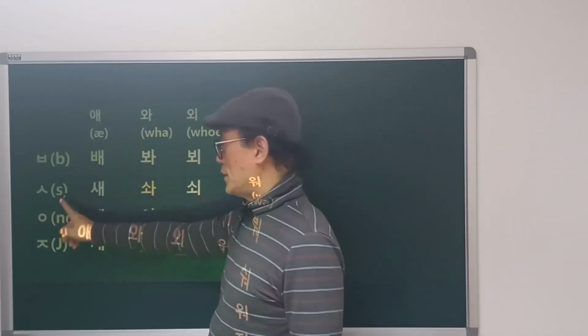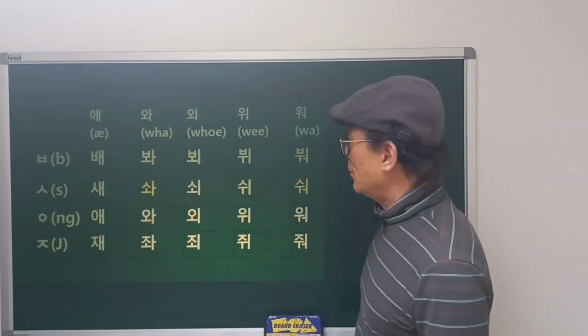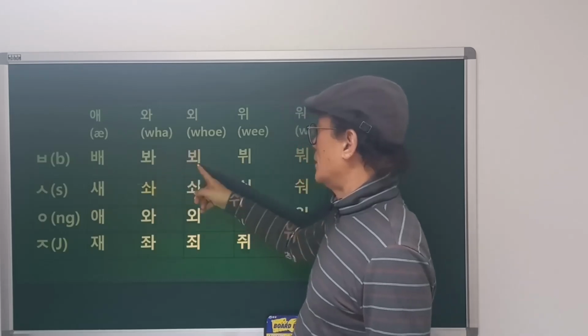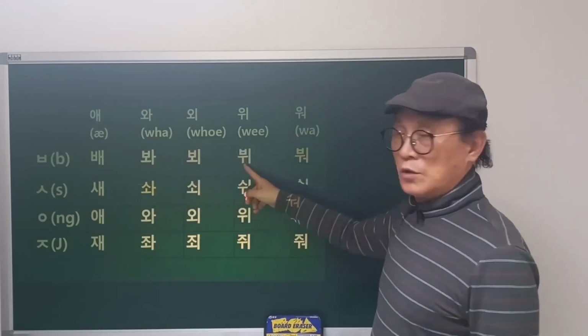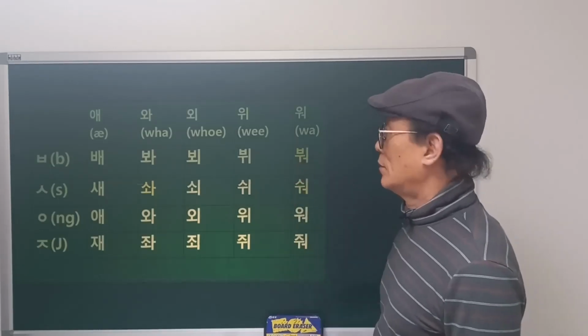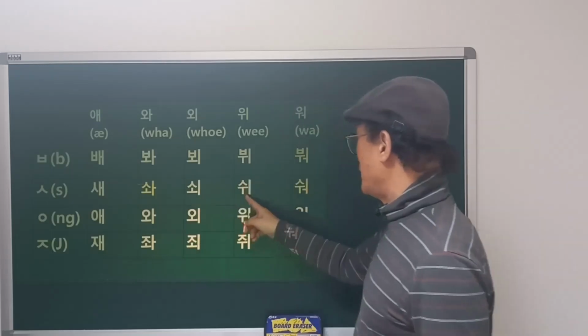Beaker, split, ring, junction. So, 배, 화, 배, 비, 부어. 세, 쏴, 쇠, 쉬, 소.